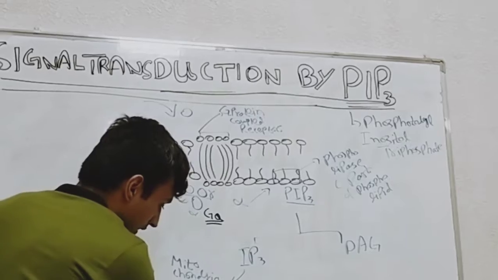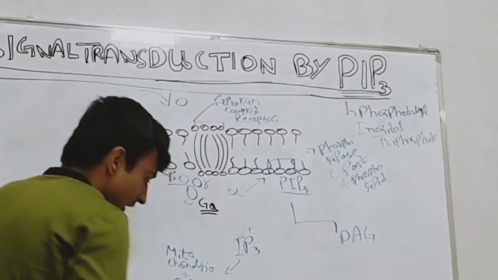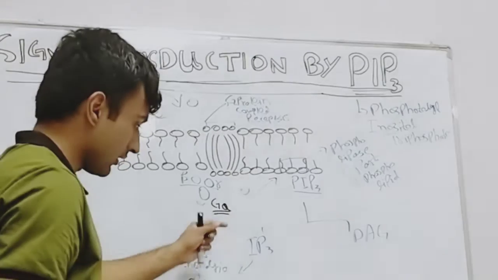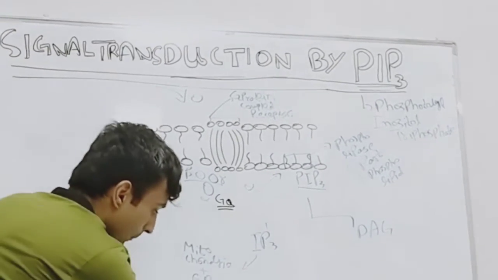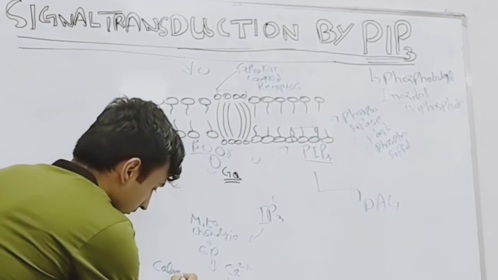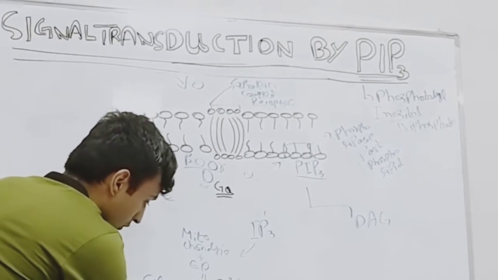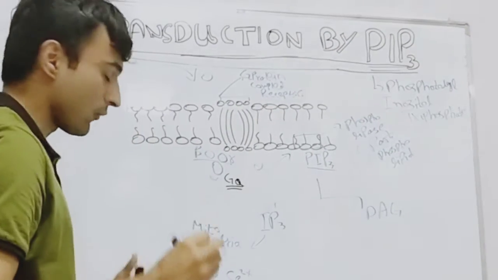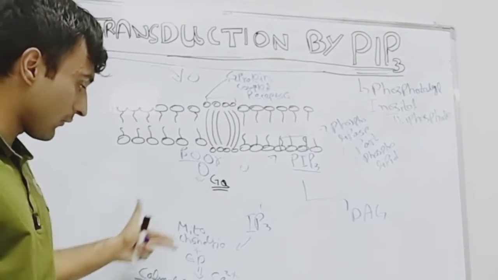So they expel out the calcium ions from these two organelles, and this calcium binds with the calmodulin to perform the further functions. So this is the function of the inositol triphosphate.